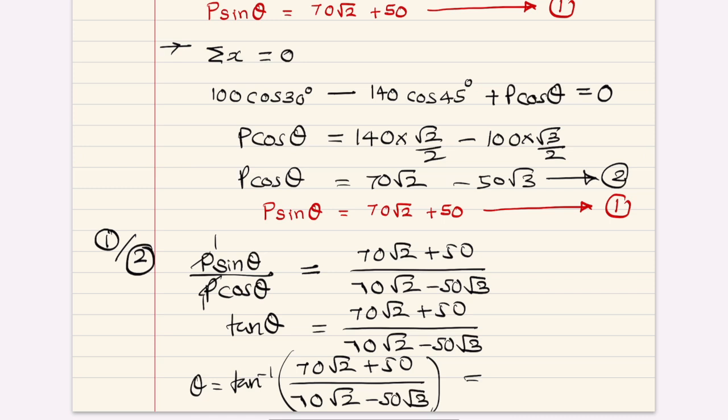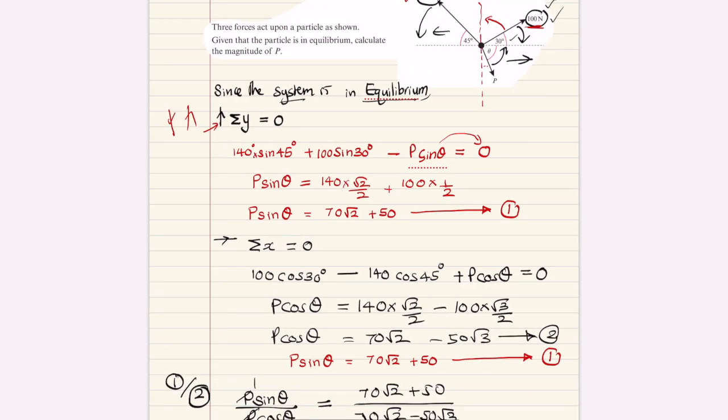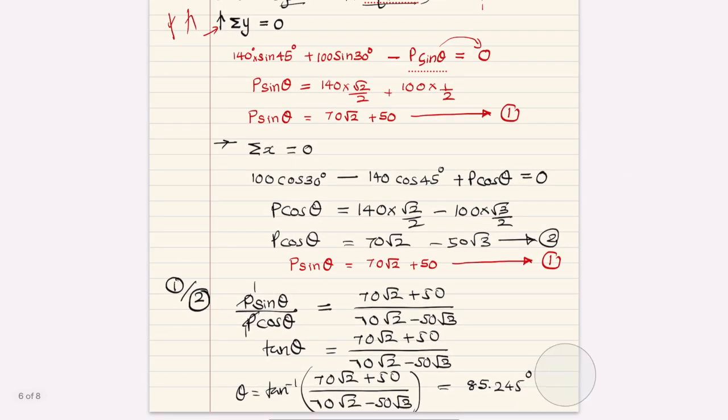Type it in the calculator: tan inverse of 70 root 2 plus 50 over 70 root 2 minus 50 root 3. My answer is going to be 85.245 degrees to the horizontal. So theta is 85.245.